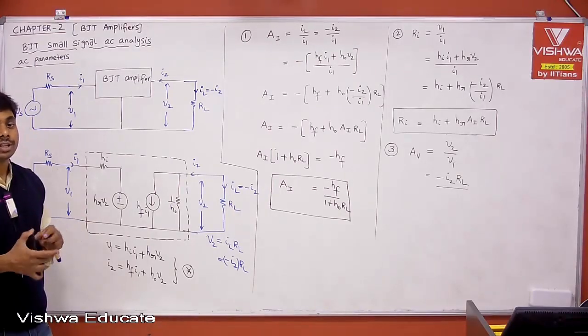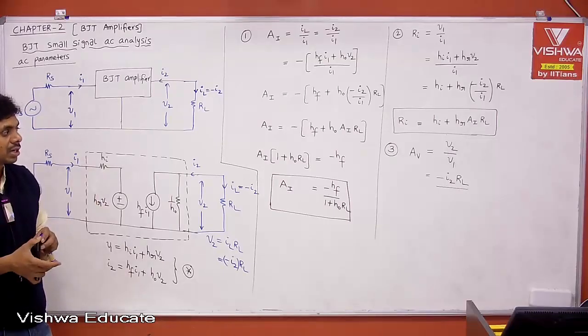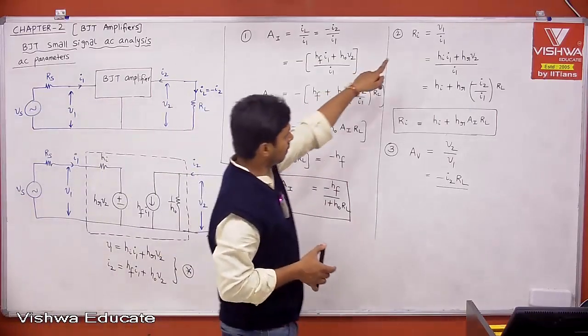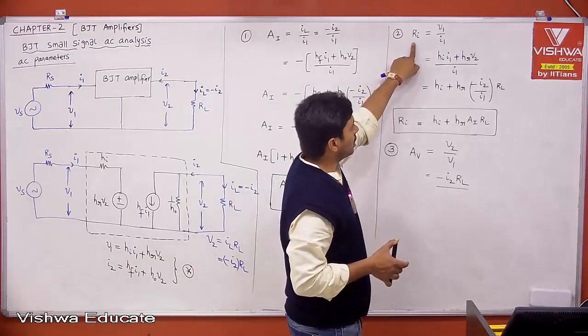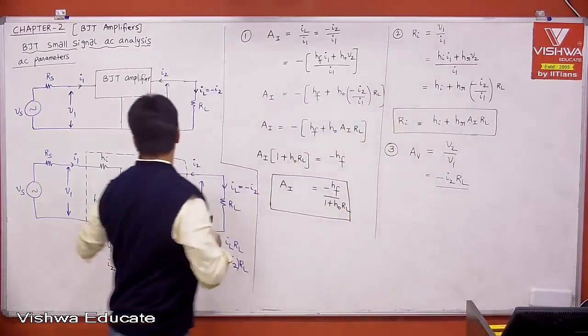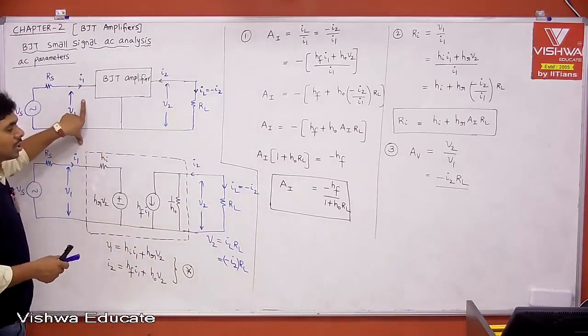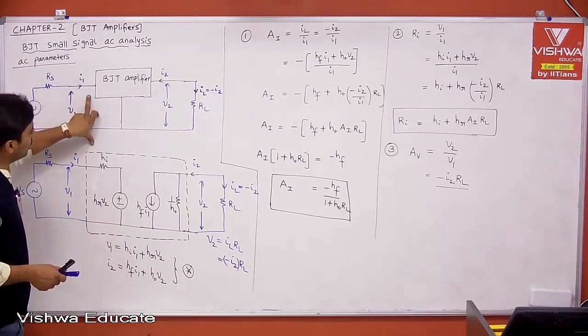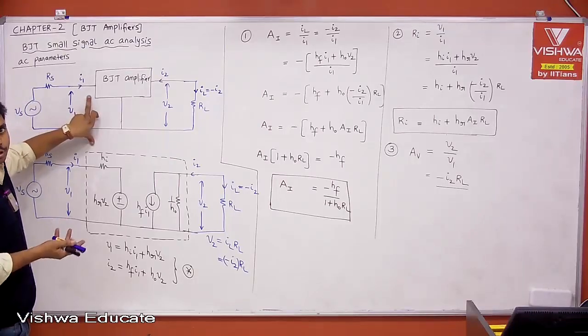Instead of that, which is redundant because we already have a relation we can use, tell me, what is the definition of Ri? The definition of Ri is V1 divided by I1. We know the effective input impedance, so V1 is I1 into the effective input impedance. That we can use, right?